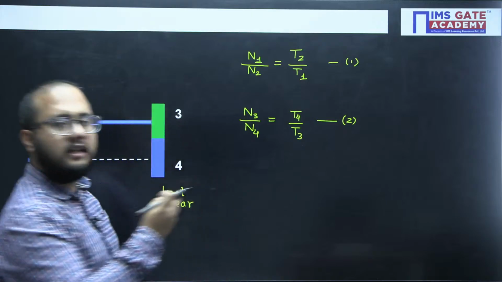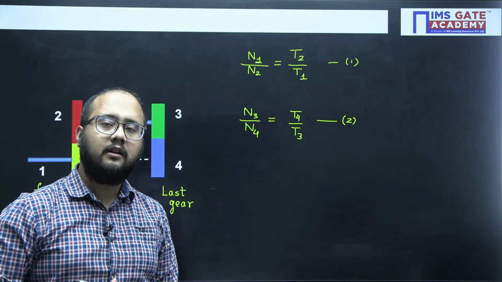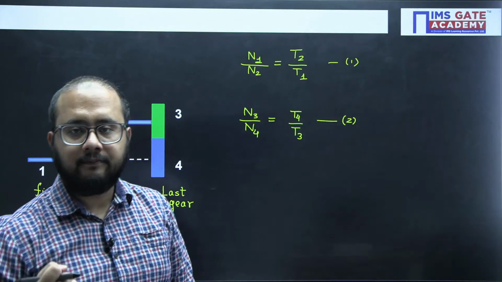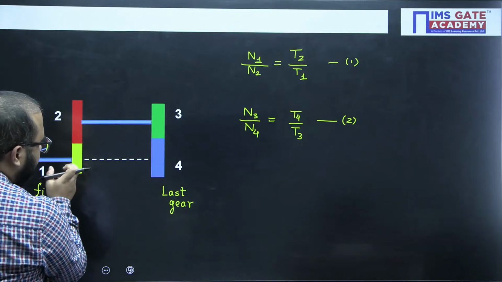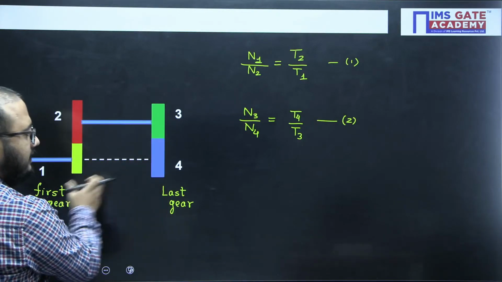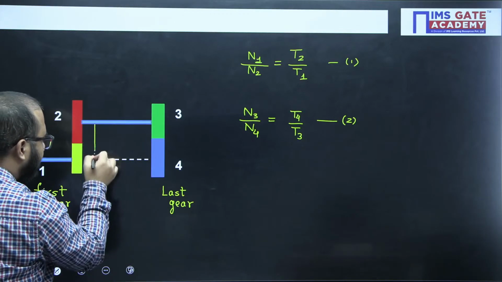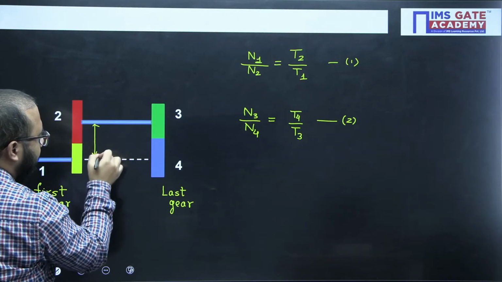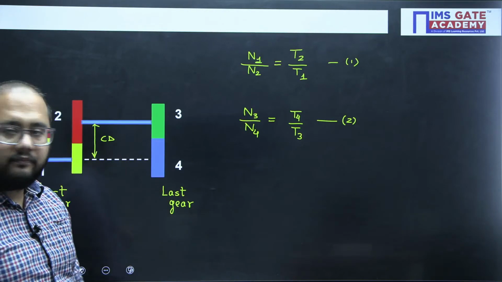Now we can use these two relations to solve for any unknown parameter that they will be asking in the question. Okay, so as I told you, the axis of the first gear and the last gear is the same. So what I can say is that this center distance, let's suppose CD, will be the same, right?